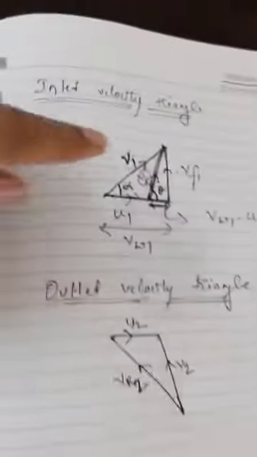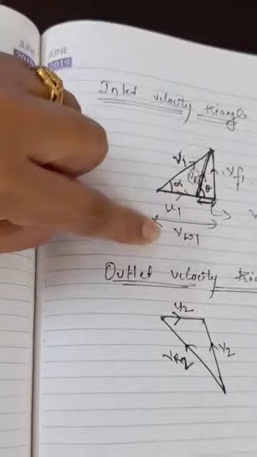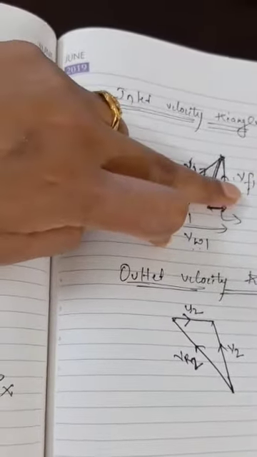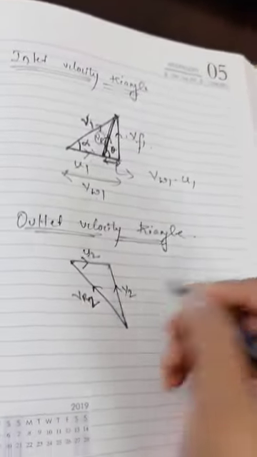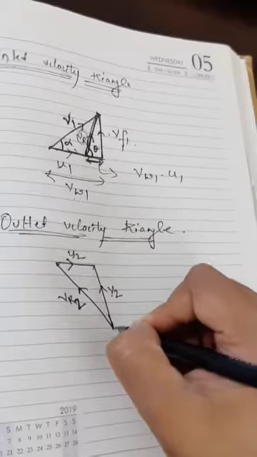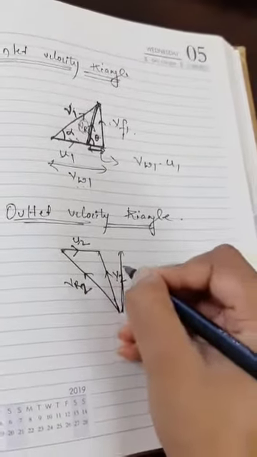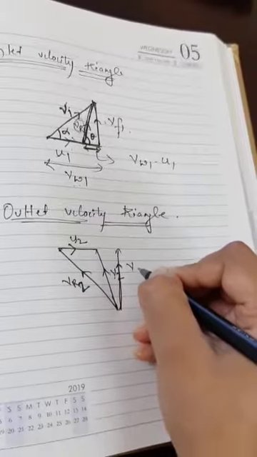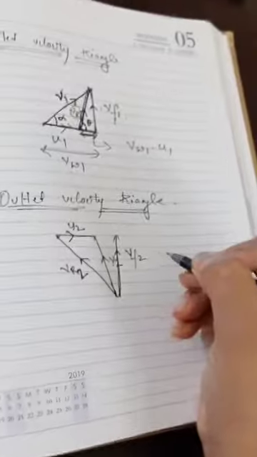So just like here, V1 had a horizontal and a vertical component, VF1 and VW1, similarly, V2 also has a horizontal component. This is the vertical VF2.